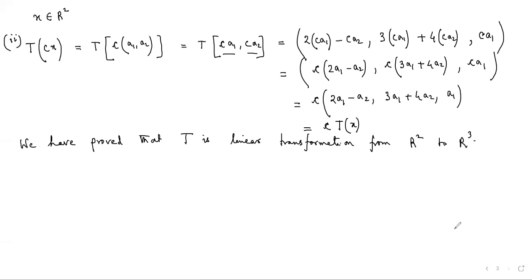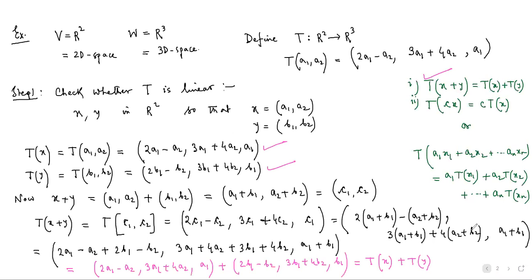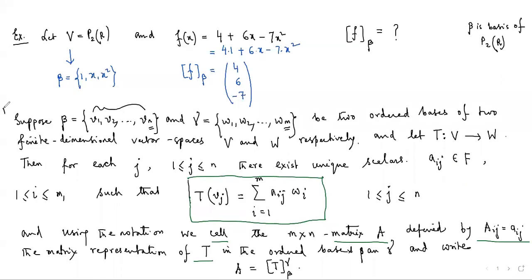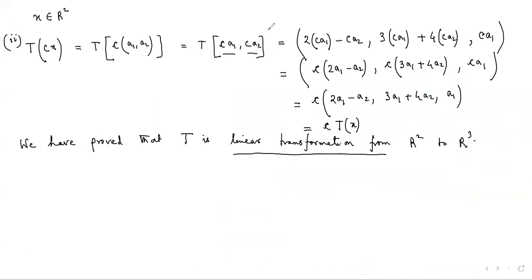Okay. Now, once I find that this is a linear transformation, we will try to understand what we mean by this particular formalism of matrix representation of the linear transformation. So let us come to this particular point. We have verified that the transformation from R2 to R3 is linear.